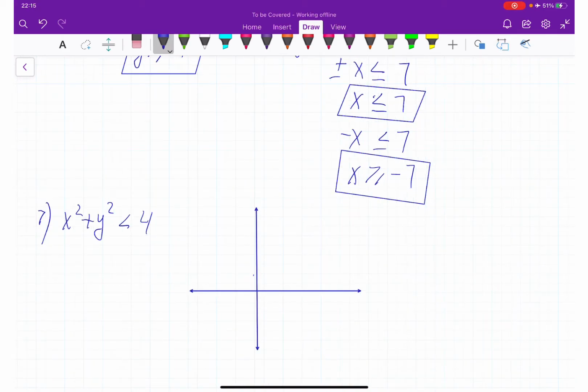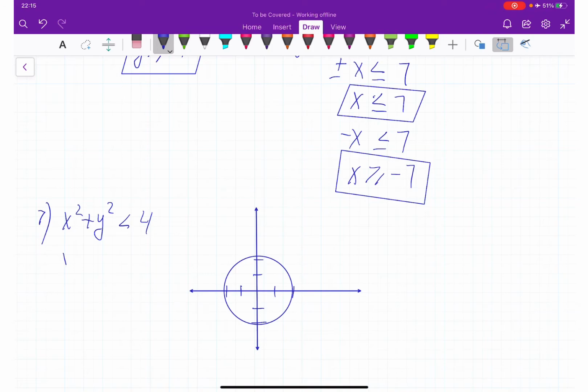Let's go 1, 2, because the radius is 2, right? We are going to go like this. Approximately feels good.